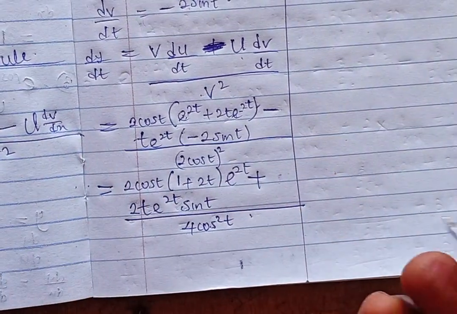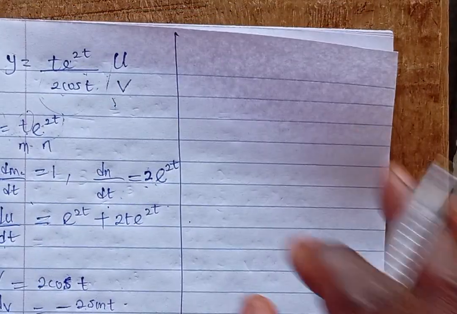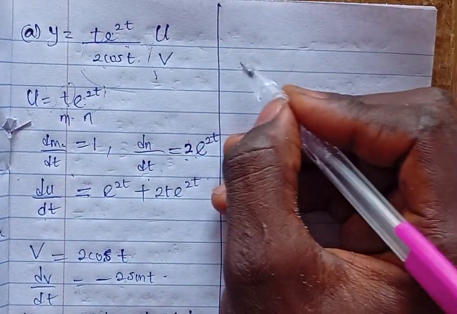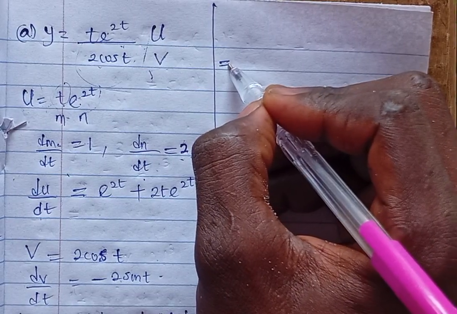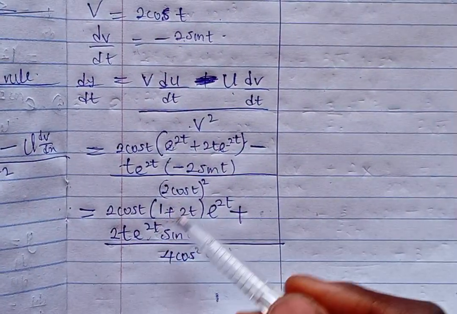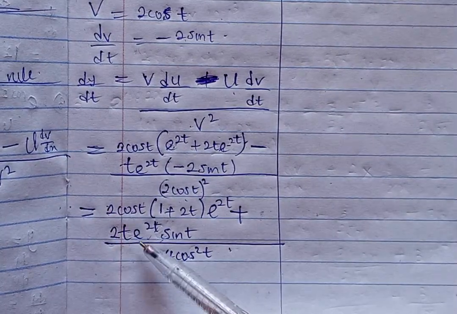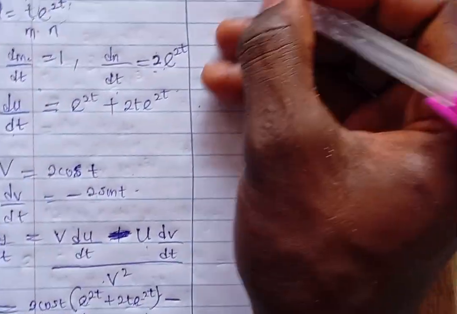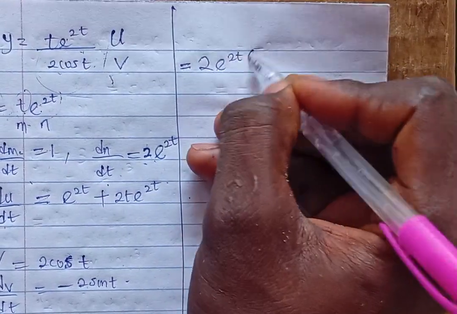Let me simplify this further. I can still factorize e raised to power 2t out of both functions, and even 2 e raised to power 2t can come out. So I have 2 e raised to power 2t open bracket.